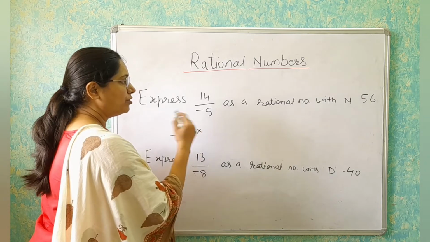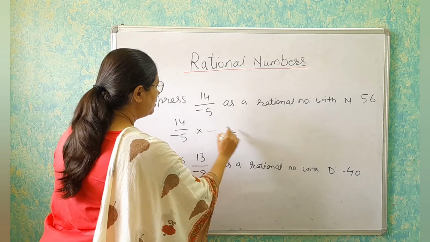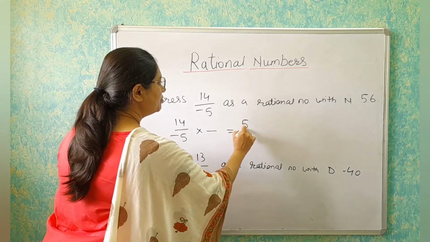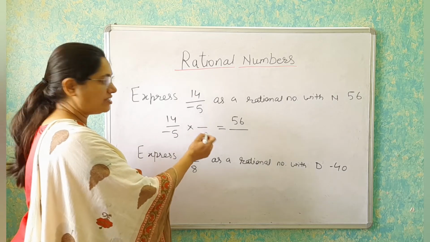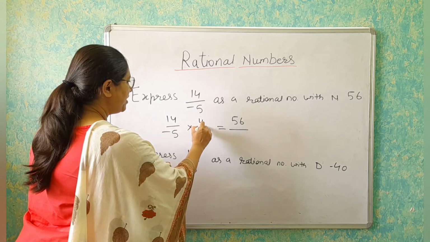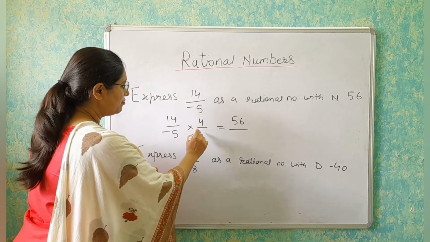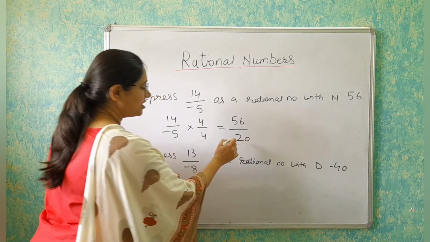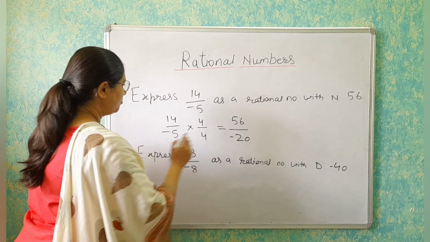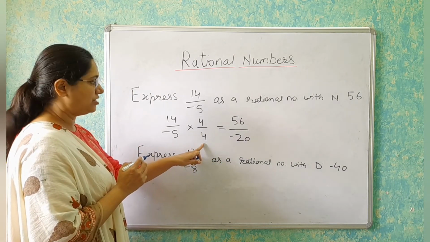I don't know by which number I will multiply 14, but 14 will become 56. You know 14 fours are 56. It shows that we are multiplying 14 with 4. Again I have to multiply minus 5 with 4. And 5 fours are 20. But this time it will be negative because we are multiplying a negative integer with a positive integer.